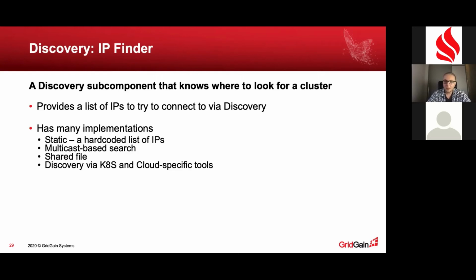So this is everything IP Finder does. It provides you with an IP by using some resource, either a static list of IPs or some form of external resource or external search.